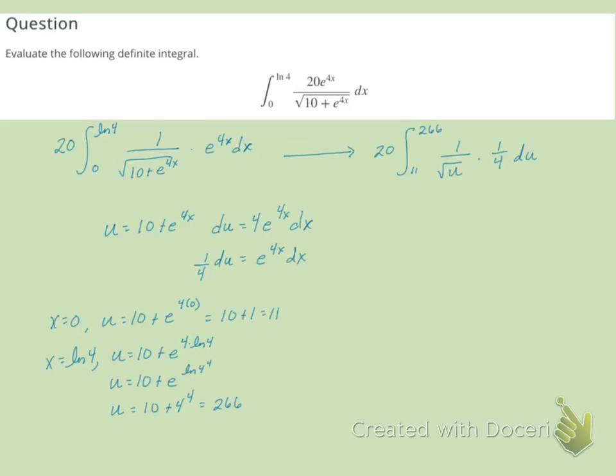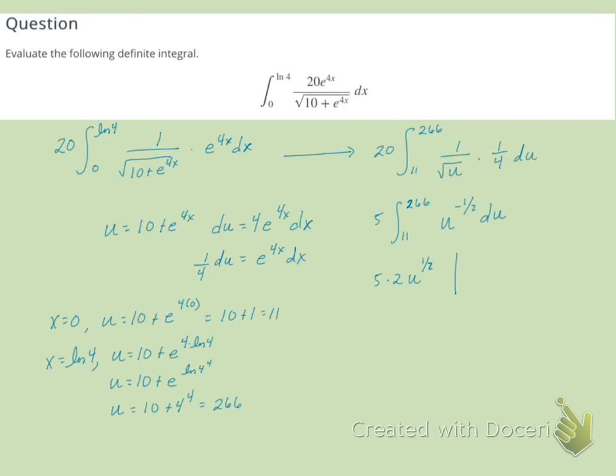When we divide 20 by 4, we'll get 5. And I'm going to rewrite the square root here as u to the negative 1/2 du, so I can use the power rule. So we'll increase the power by 1, giving us a u to the positive 1/2, and then we'll divide by 1/2, which is the same as multiplying by 2.